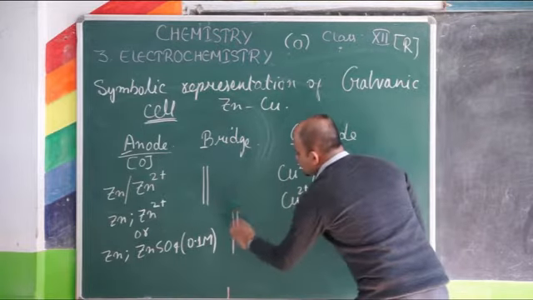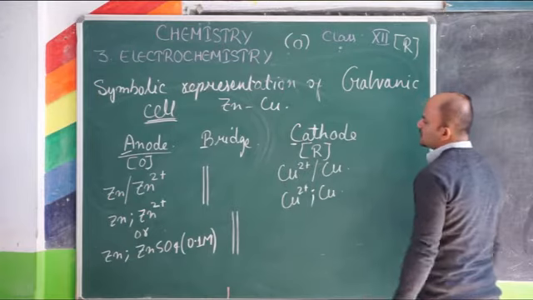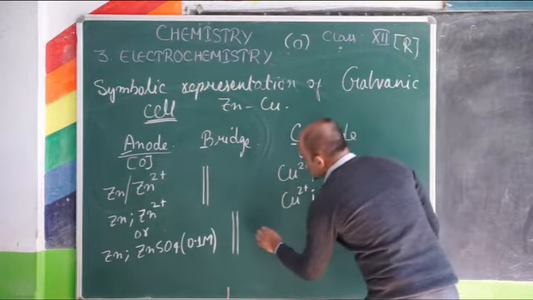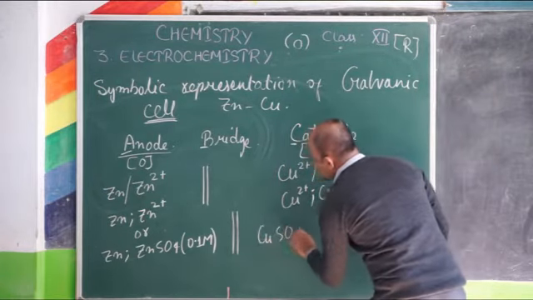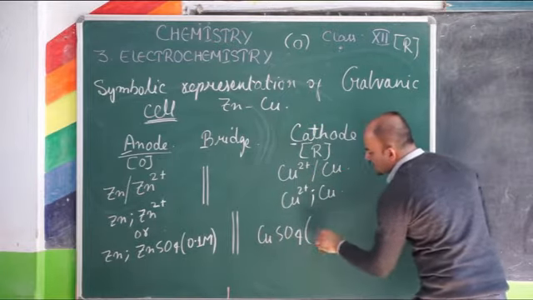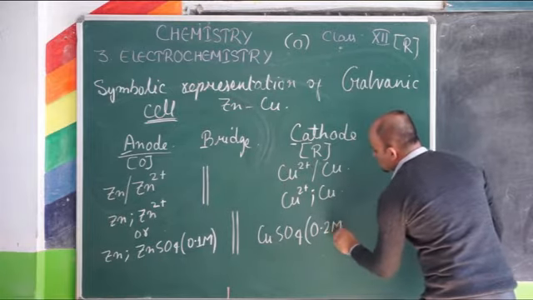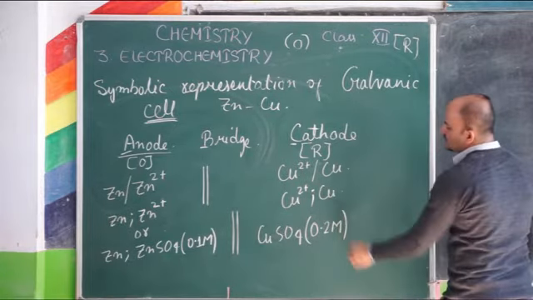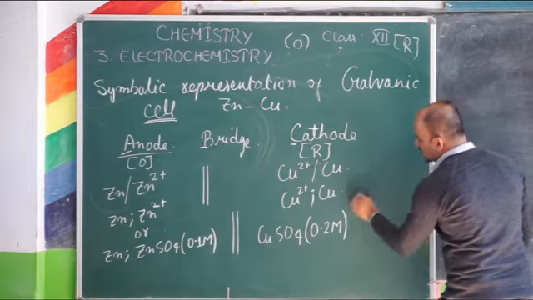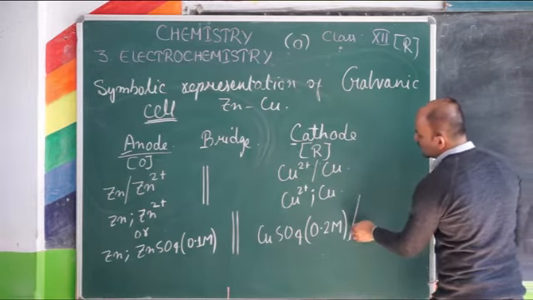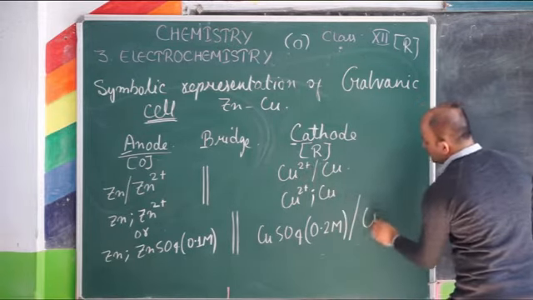Okay? And the bridge again will be represented with the double line. Similarly here, since you have copper, you can also write copper sulfate, and you can mention its molarity. Suppose its concentration is 0.2 molar, then it can be mentioned in the bracket, and here it can be separated by a line, and you will get copper.